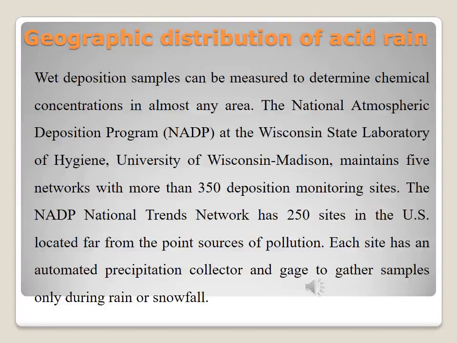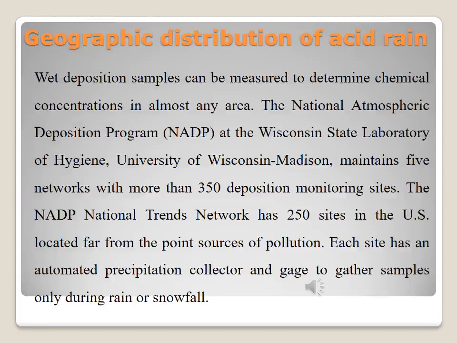Geographic distribution of acid rain. Wet deposition samples can be measured to determine chemical concentrations in almost any area. The National Atmospheric Deposition Program at the Wisconsin State Laboratory of Hygiene, University of Wisconsin-Madison maintains 5 networks with more than 350 deposition monitoring sites.